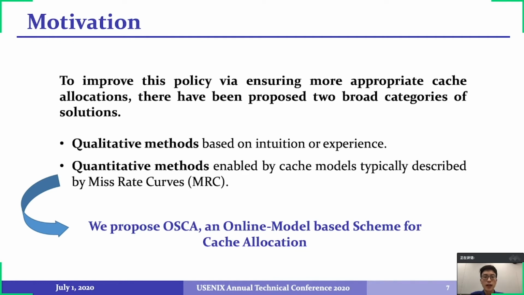In this study, considering the quantitative analysis method, we propose OSCA, a cache allocation scheme based on the online cache model. This scheme can search a near-optimal cache configuration with low complexity to maximize the overall hit traffic.